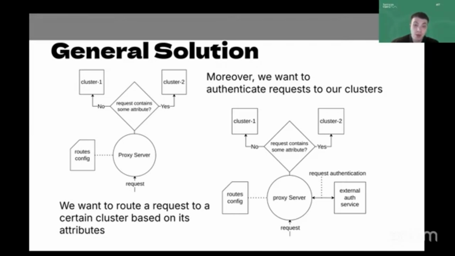And moreover, we want to add additional features. We want our traffic to be authenticated, so we will not have unauthorized access to the Docker images at our company's registries.